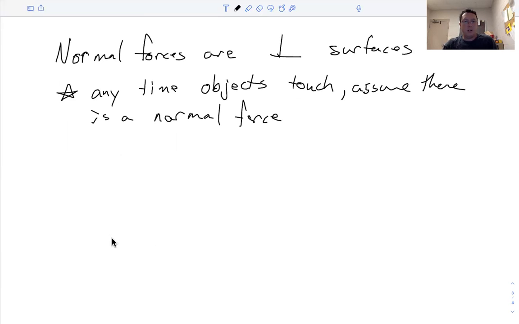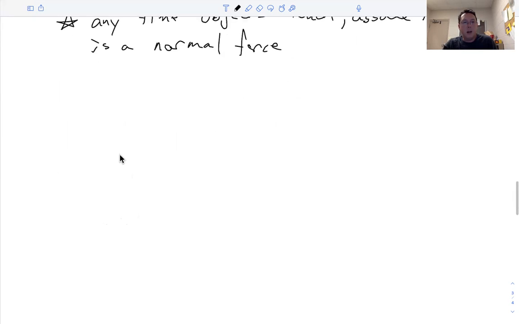All right. So the simplest example you might have would be the following situation. Imagine that there's a block resting on a table. Since the table will be fixed, we'll just indicate that like so.